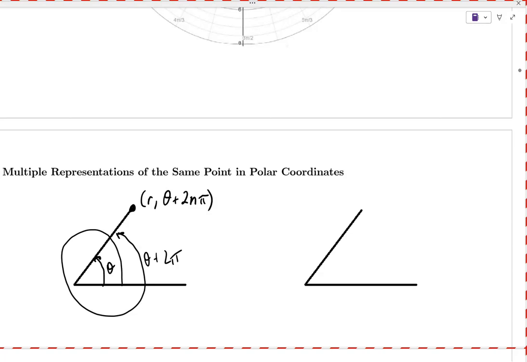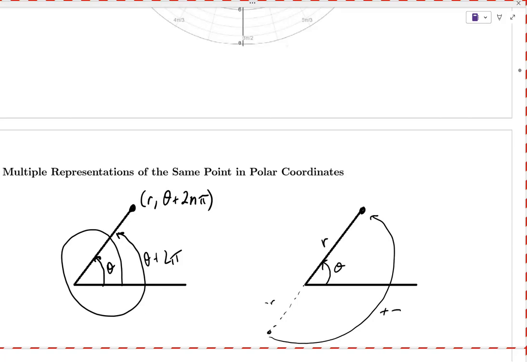We also notice that when we have a negative r value, it's a little bit weird, right? If this is my r, negative r would be down here, right? We agree with that? That's how we got to start to plot the points, isn't it? If this is my theta here, I could do something to this point and make it end up at the exact same place by adding pi.